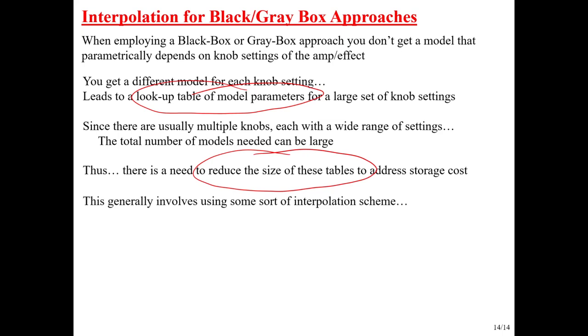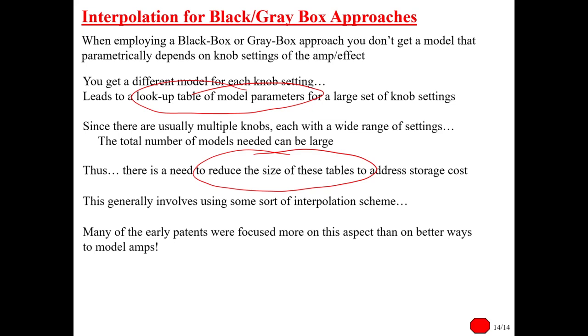If you can come up with an interpolation scheme that says, I don't really need it at 1, 2, 3, 4, maybe I just need it at 2 and 4 and 6, things like that, and you can interpolate. So it's interesting that many of the early patents in this field focused more on the interpolation aspect than on actual better ways to model the amps.